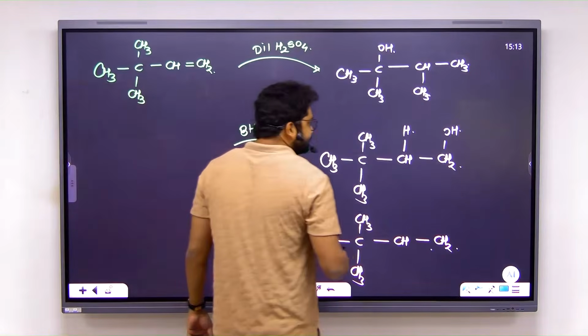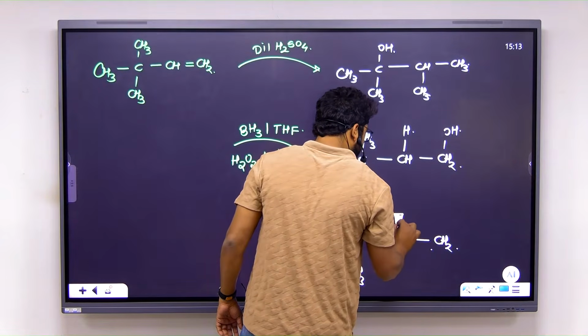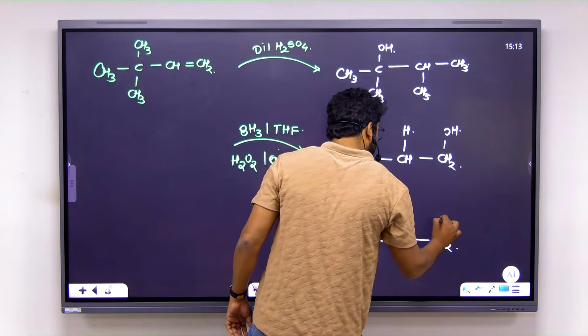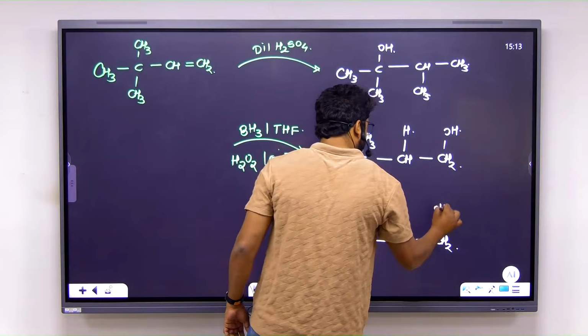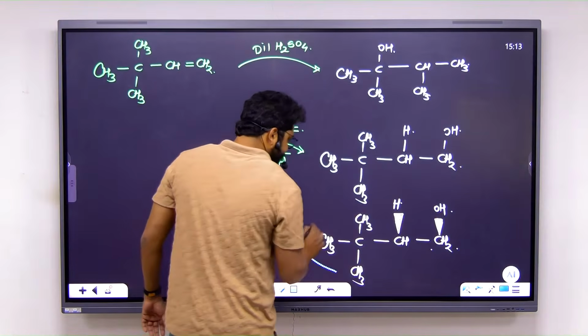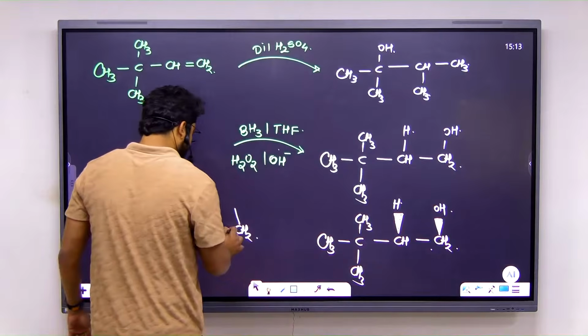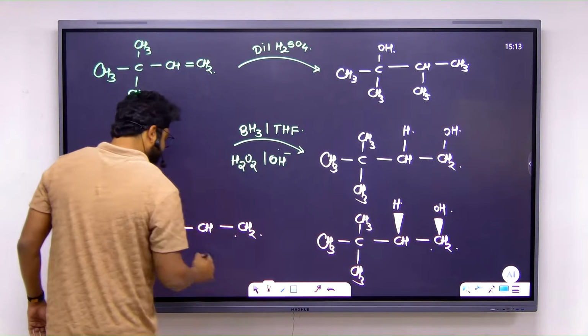So syn addition means you can show the H above the plane and your OH above the plane. Otherwise, you can write both of them below the plane. दोघंचे दोघं कसे लिहू शकता?